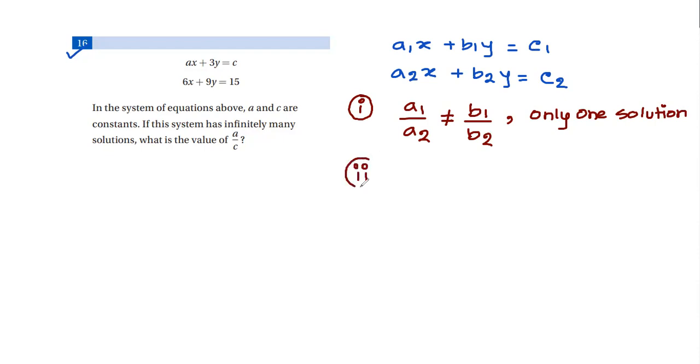Case 2: if the ratio of the coefficients of x, a1 over a2, equals the ratio of the coefficients of y, b1 over b2, but that's not equal to the ratio of the constant terms, then it has no solution.